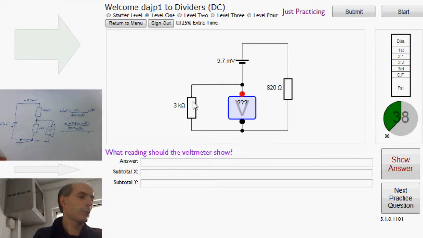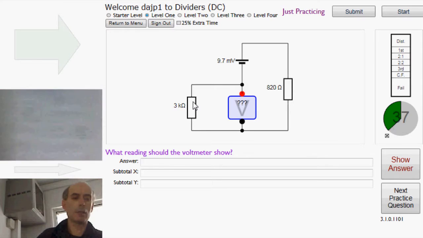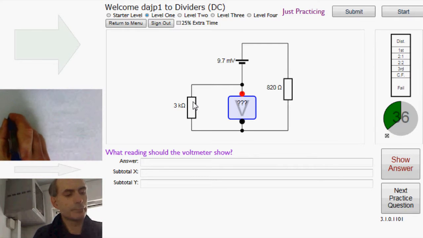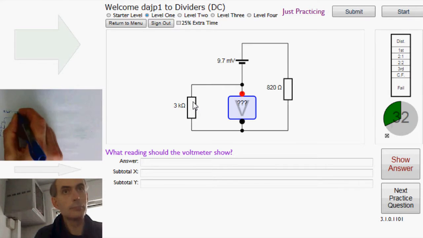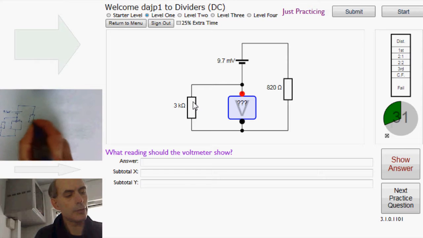And if you see what I mean by doing that, I'll draw it. I've got 9.7 millivolts on this source going into a voltmeter and a 3K resistor and an 820 ohm resistor there.